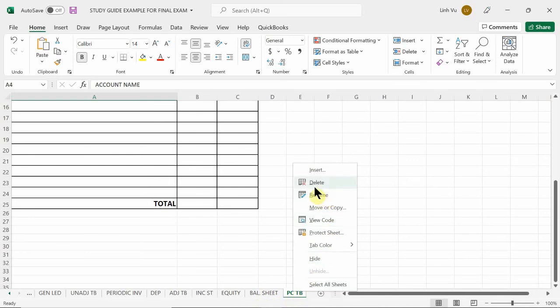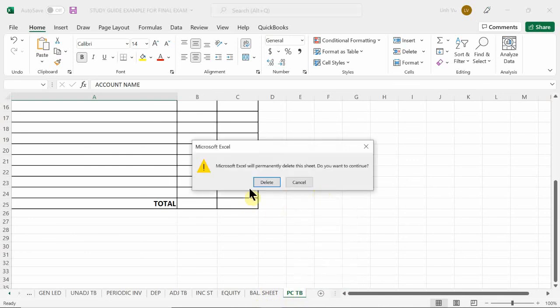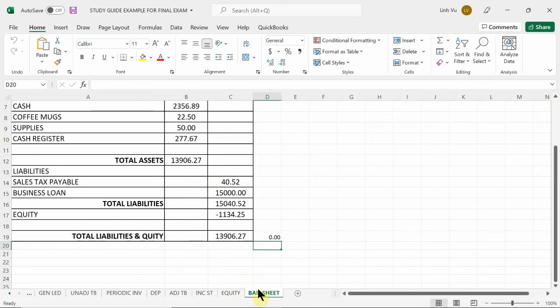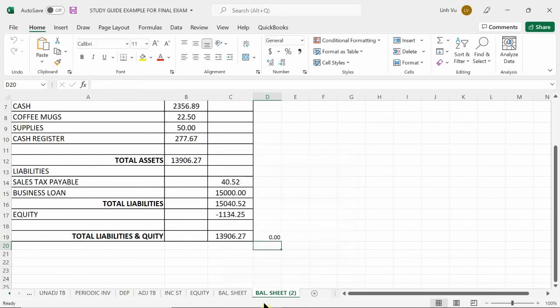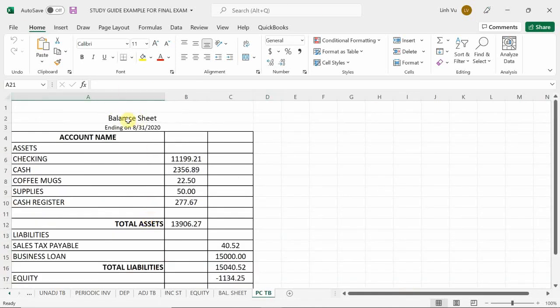So if I go ahead and delete this, and then I go ahead and make a copy of this, all you really have to do is just format it. Okay. PCTB, post-closing trial balance. And I need to reformat it.